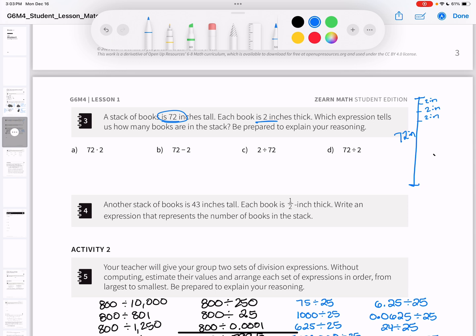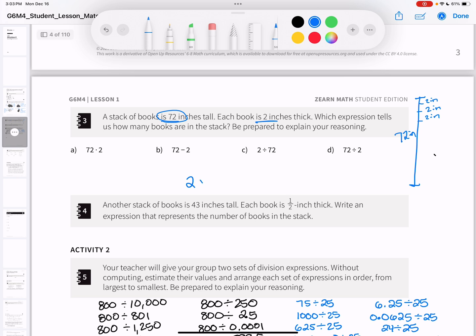Because that will tell us how many books there are in that whole stack. So basically, we need to do 2 inches times something to get us 72. Well, is that a possibility up here? I see 72 times 2. That doesn't work.